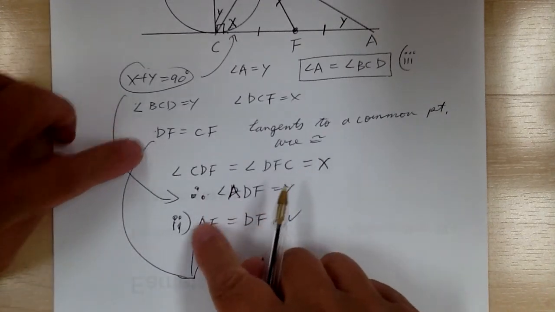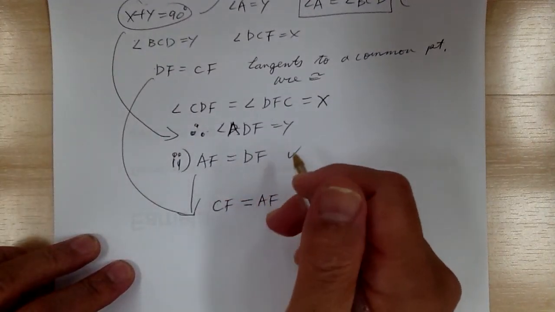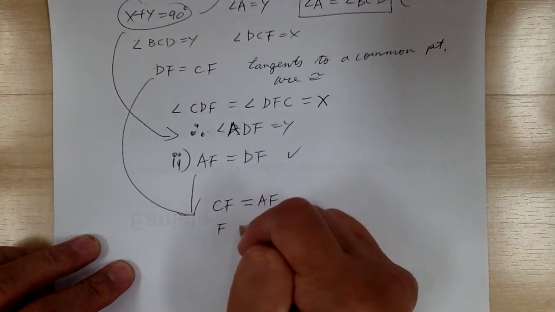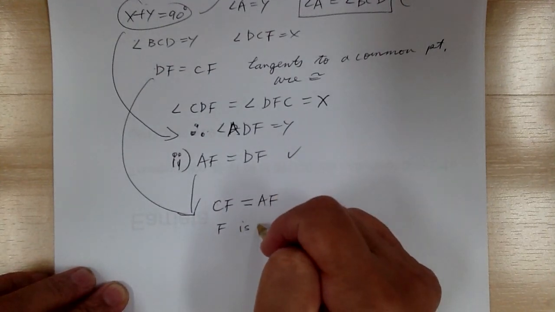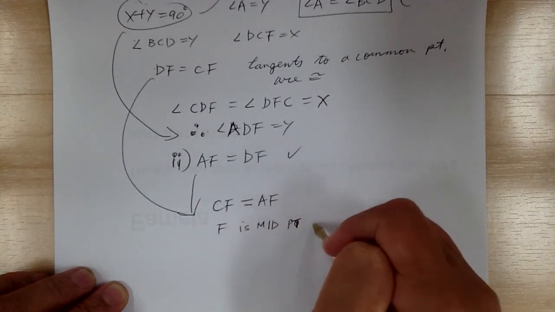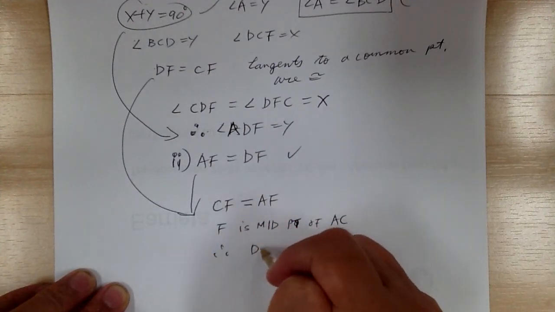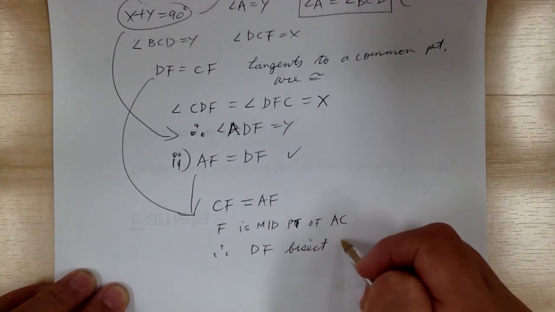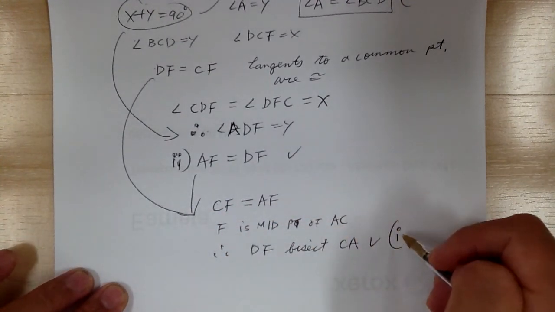That's your transitive property. So CF equals AF, so F is the midpoint. Therefore DF bisects CA, and this is the first one.